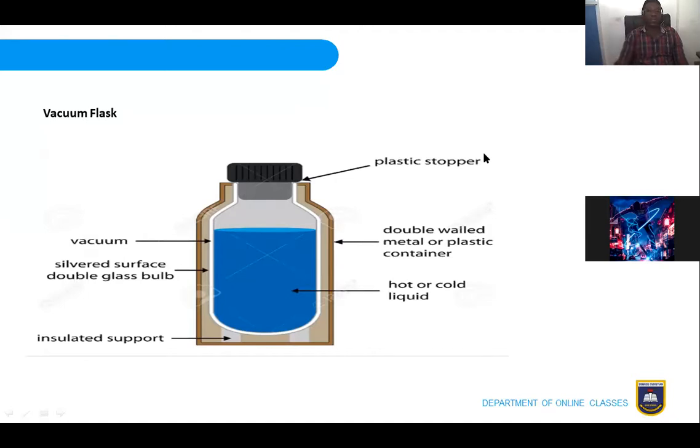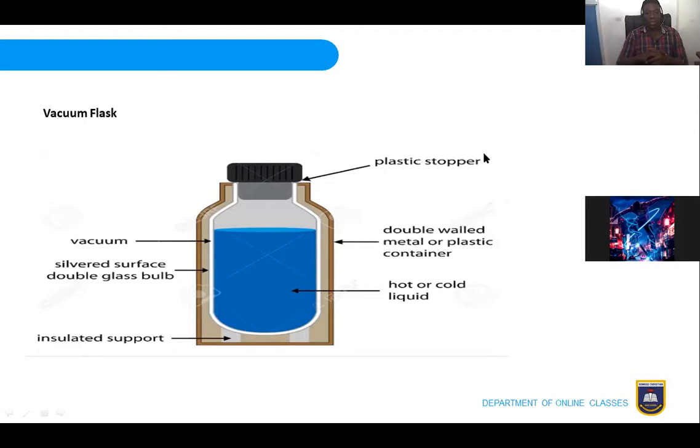So what happens? It has its own physical structure. The parts are constructed in such a way that each part has a significance. As you can see on the diagram on your screen, we have the plastic stopper, we have the hot or cold water, as I've mentioned, and we also have the double wall metal or plastic container.